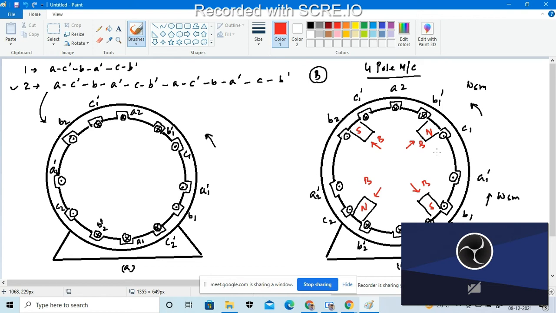In case of a two pole machine we have six windings, but in case of a four pole machine we consider 12 windings connected, that means double. So we will know one electrical cycle, keep remembering these things.